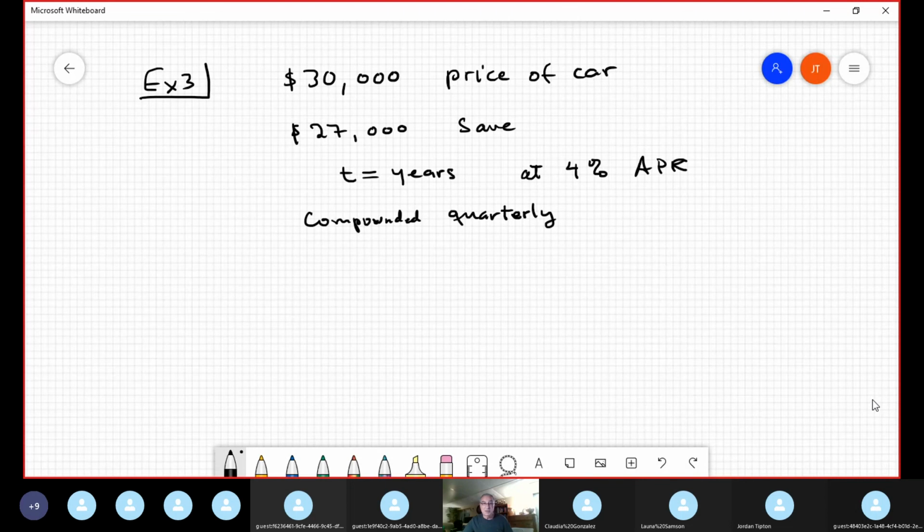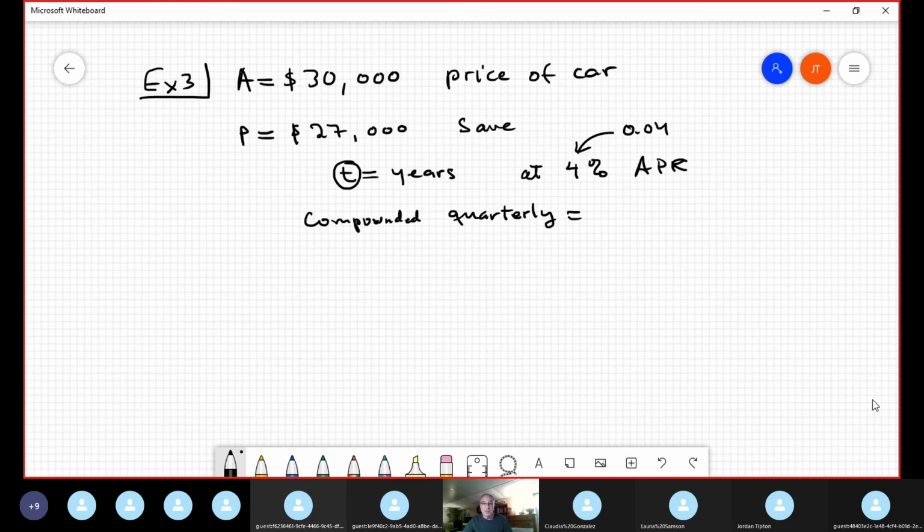Okay. Let me translate this to the mathematical language. This is the future value, the money you want to reach in the future. This is the present value, the money John has now. This is the time, again the unknown. This is the interest rate, but it is never expressed like that. Expressed like 0.04.